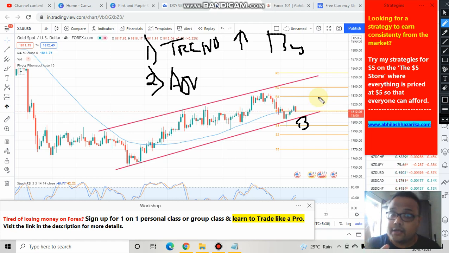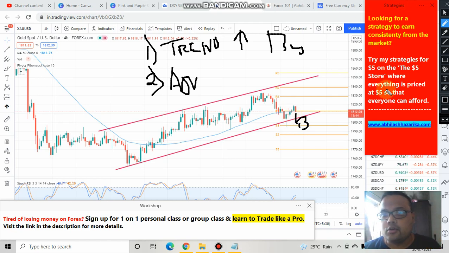And keep in mind one thing, again I'm telling you, try to understand the market psychology here. Though the market is respecting the support level, you can clearly see that the bulls or the buyers do not have the strength. So there is a possibility that the market may break this trend line. In case the market breaks the trend line, do not click on the buy button.